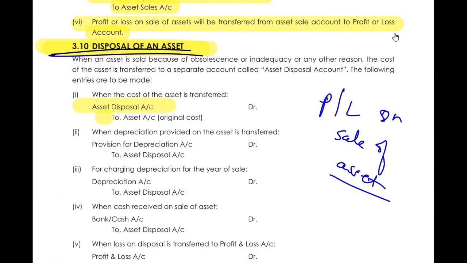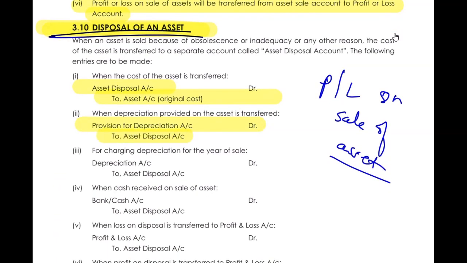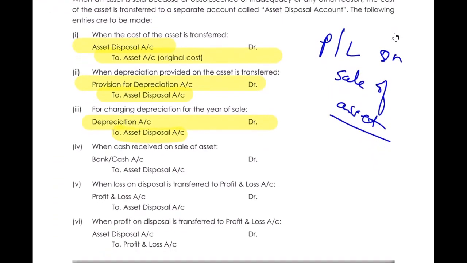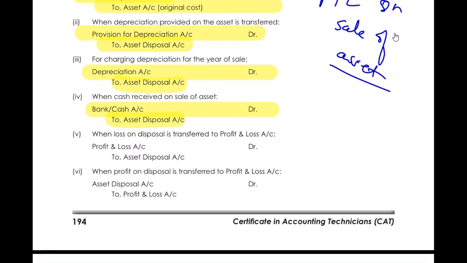That is, asset disposal account debit to asset account, provision for depreciation account debit to asset disposal account, and for charging of depreciation, account debit to asset disposal. When you have received any cash, bank or cash account debit to asset disposal. If there is any loss, P&L account will be debited, asset disposal account will be credited. If there is a profit, asset disposal account will be debited and P&L account credited.